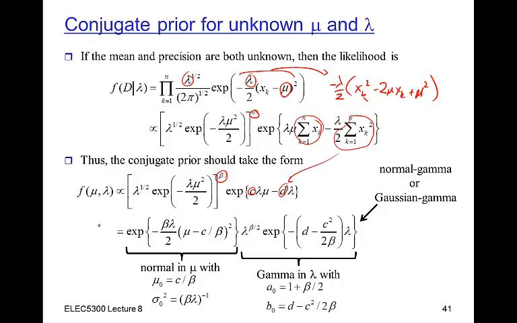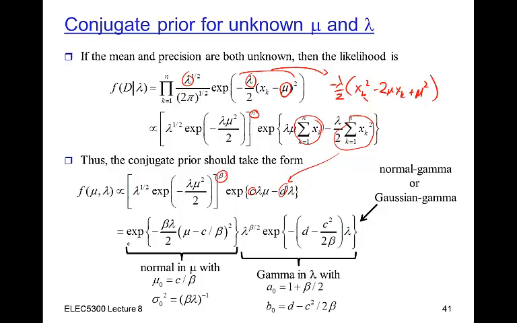And it can be shown that we can further rearrange this thing here so that this is kind of the product of something that looks like a normal distribution in mu and a gamma distribution in lambda.